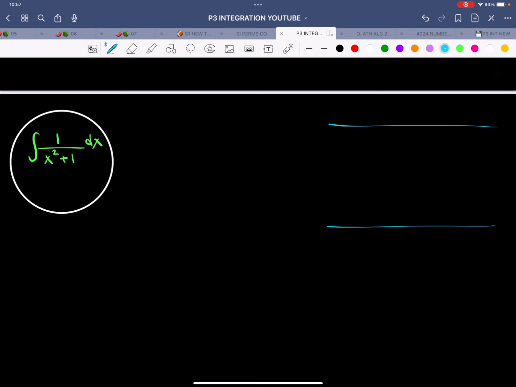Worked example 5 is an application of this rule. Let me write it over here. Integral of 1 over x square plus a square dx. So this x square is there, and instead of 1, technically it's 1 square. So that is 1 over a, and this is tangent inverse. I was about to write ln because I'm so obsessed with ln. So that is x over a plus c.